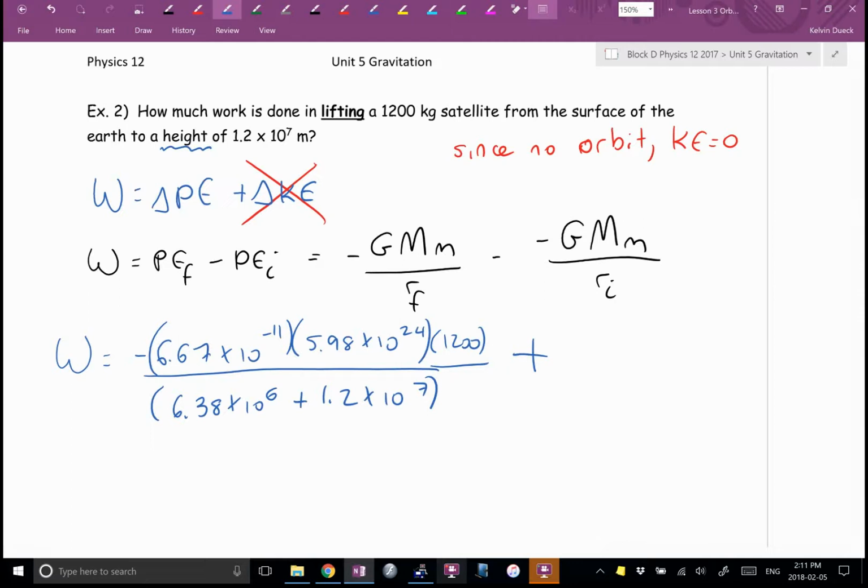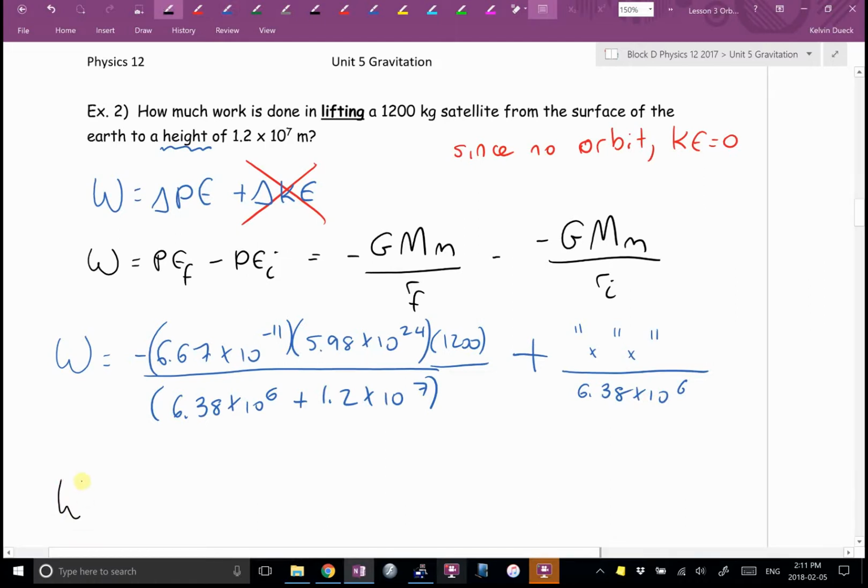I'm positive. Oh, ready? Look up. Ditto mark times ditto mark times ditto mark, because, Munir, the top hasn't changed at all, and that's a lot of typing I can save myself. Over our initial, surface of the Earth, 6.38 times 10 to the 6th.